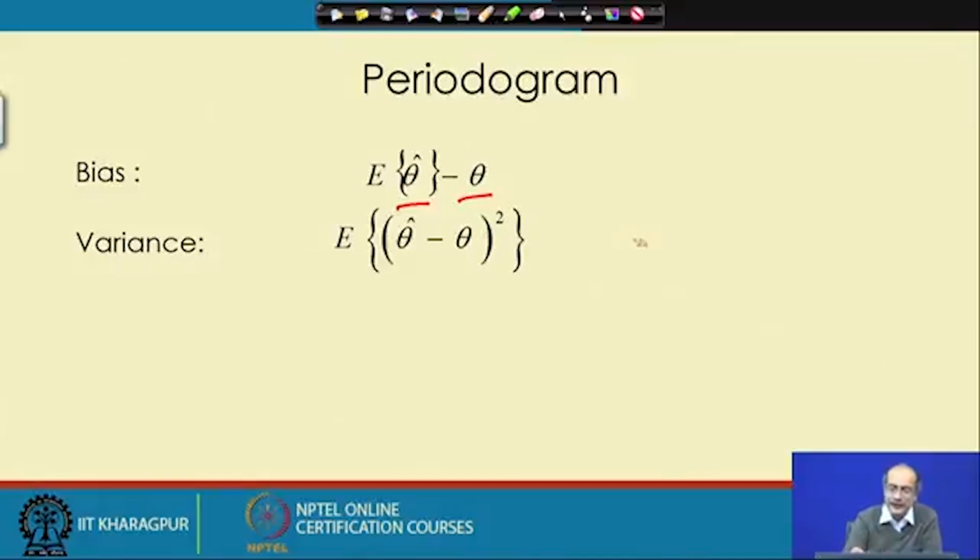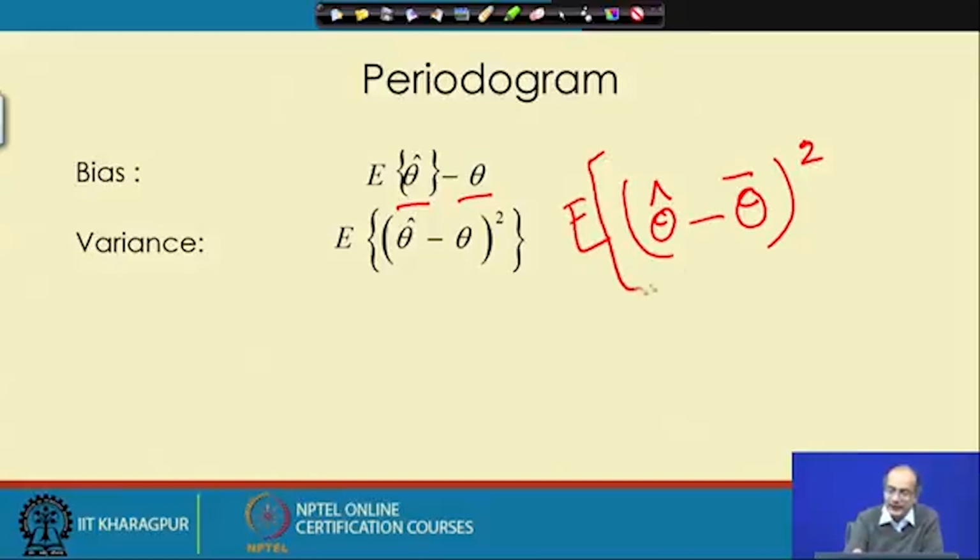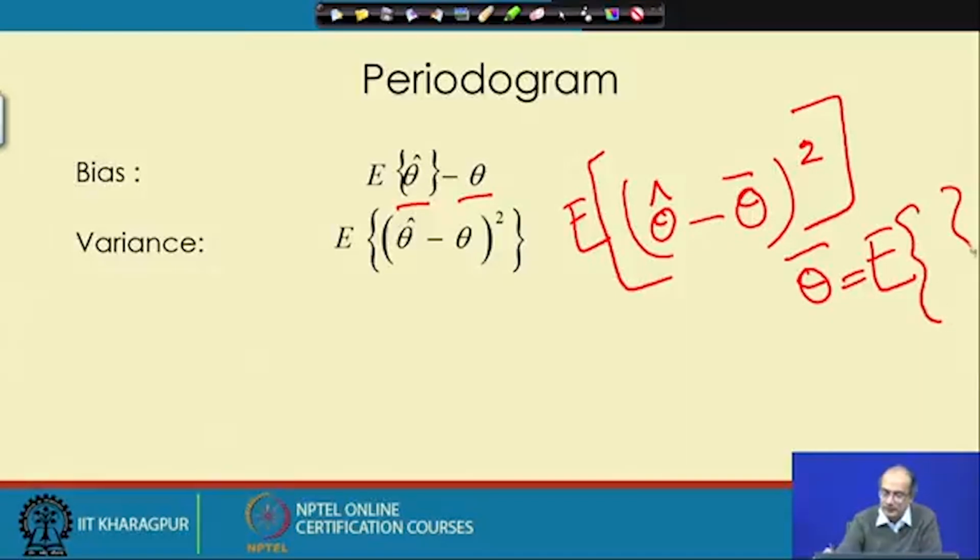Otherwise, you can write it as the expectation of the difference between theta hat minus theta bar squared, where theta bar is the expectation of the estimates, the mean of the estimates. Okay. Here we have assumed that it is 0 mean. So, we have directly written it as theta. Okay. Otherwise, we should have written it in this way.